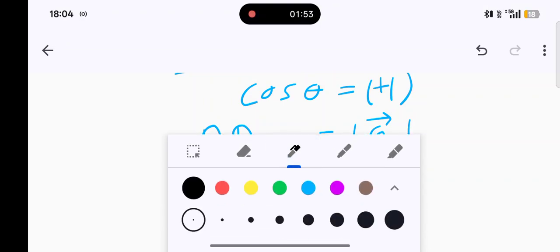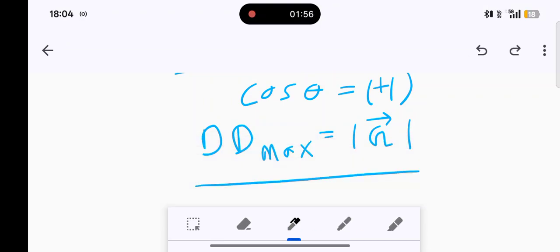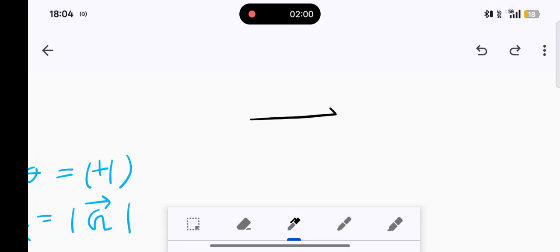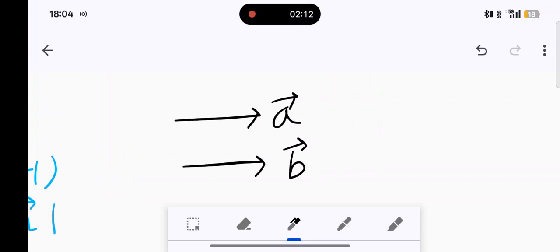Now the most important thing here: let's say I am talking about two vectors, a vector and b vector. Both are parallel and the directions of a vector and b vector are the same. It is the only possible case where we can say that a dot b will be maximum.